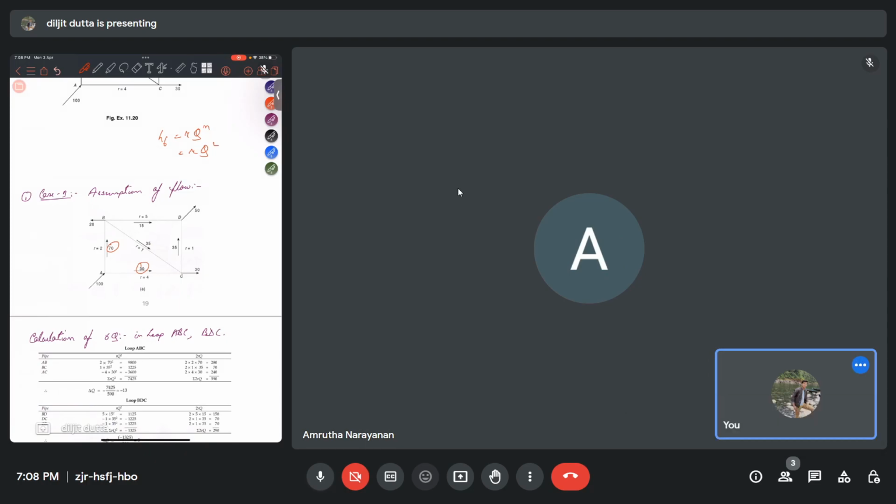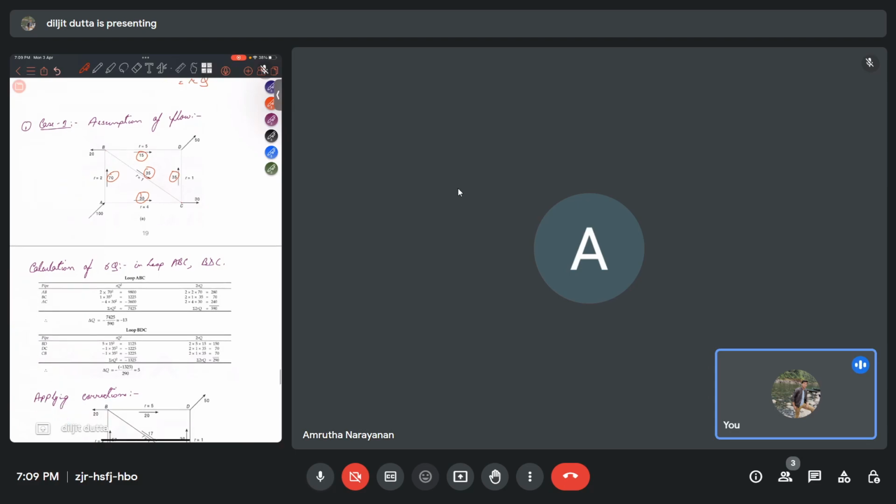So if 20 is going out, the remaining is 50, so the 50 is distributed as 15 in BD and 35 in BC. Now 30 is going out at C, and 30 is also coming from AC. So whatever 35 was coming from BC has to go to D through CD as 35. So this is the assumption of Q values here.